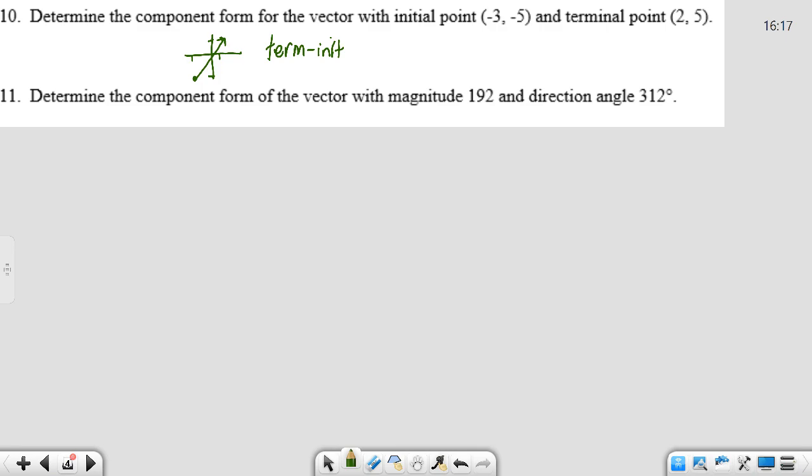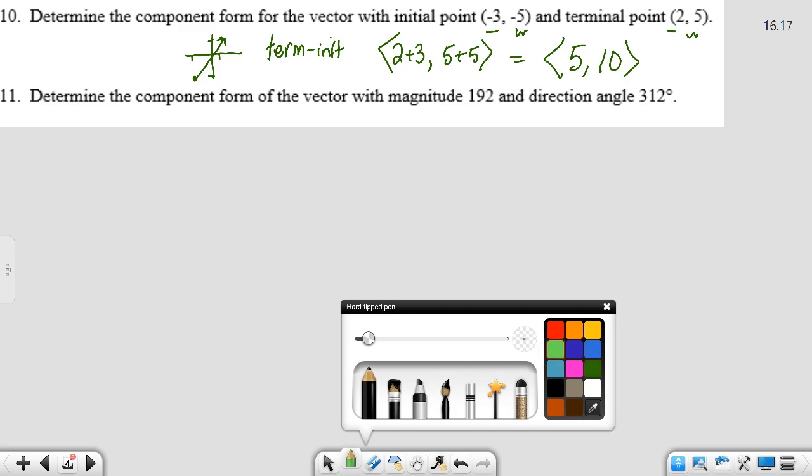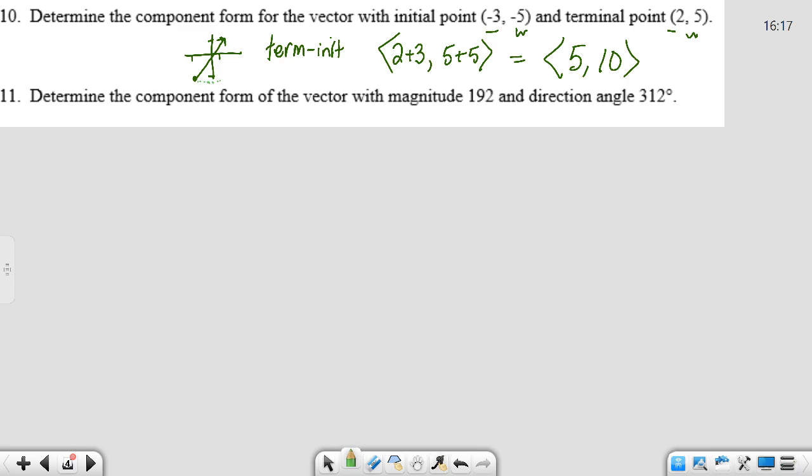So that means for the x's, I'm going to write 2 minus -3 for the horizontal components. And then I'll do 5 minus -5 for the vertical components. Simplify those, and it gives you component form of 5, 10. What that means is you have traveled 5 units to the right and 10 units up to get from your initial point to your terminal point. So that's giving you the horizontal and vertical distances.